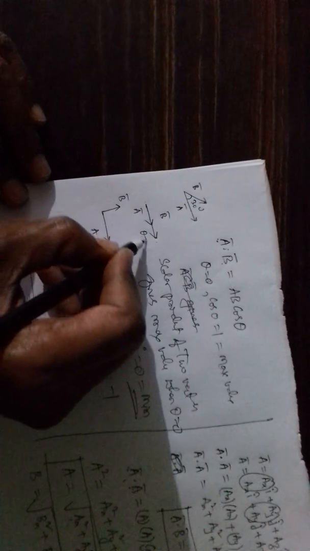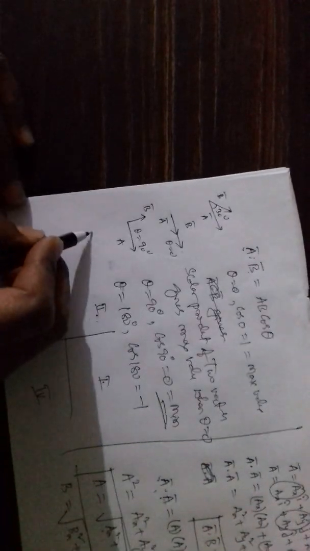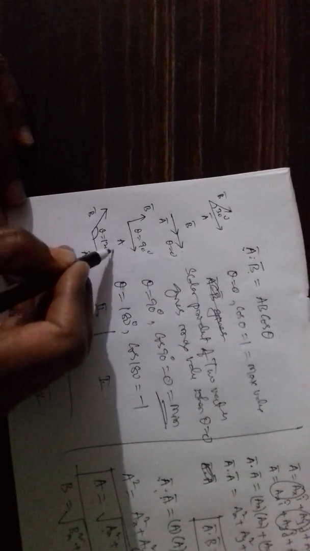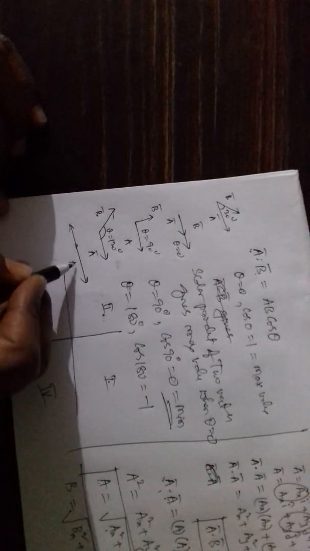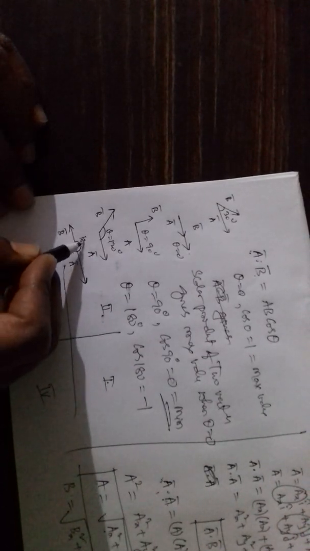Here angle is 0, here angle is 30 degrees, here angle is 90 degrees, and the two vectors can be like this also. Here theta is equal to 120 degrees, and the two vectors can be like this also. A vector, B vector, 180 degrees.